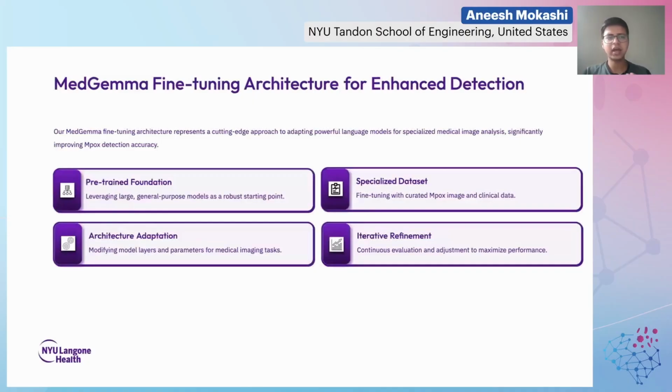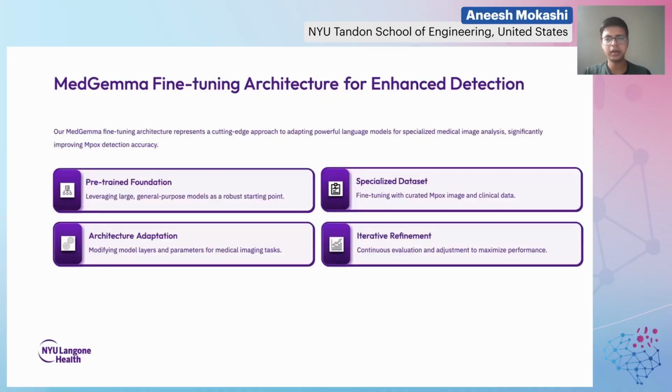This slide summarizes the architecture behind MedGemma fine-tuning. We start with a pre-trained foundation, giving a strong general representation. We then introduce a specialized dataset of mpox and non-mpox lesions with metadata. Through architectural adaptation, we adjust key components like the vision encoder and LoRA layers to focus on disease-specific lesion cues.